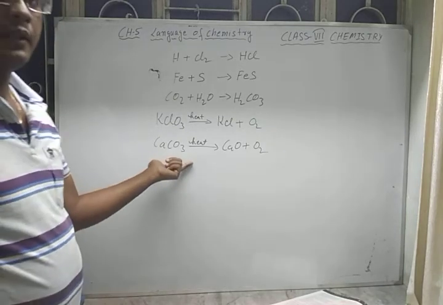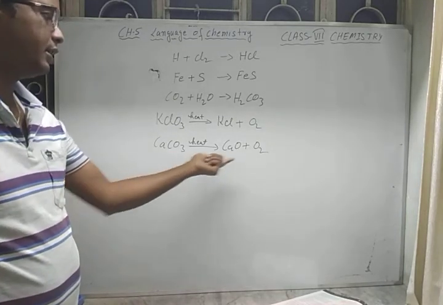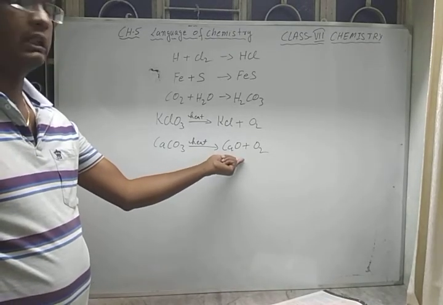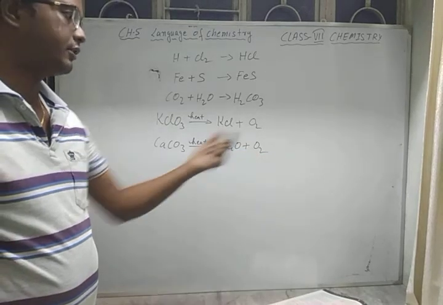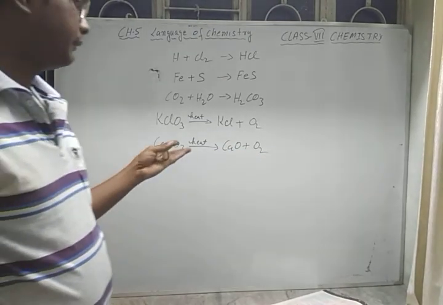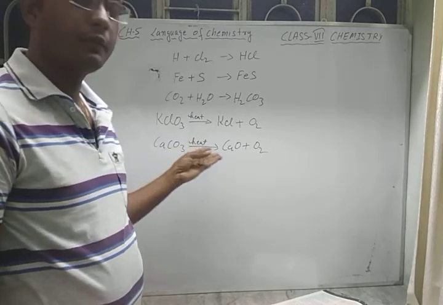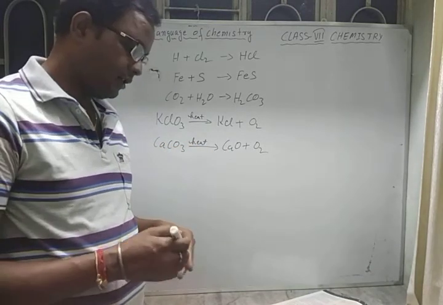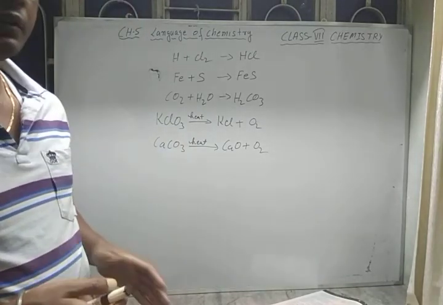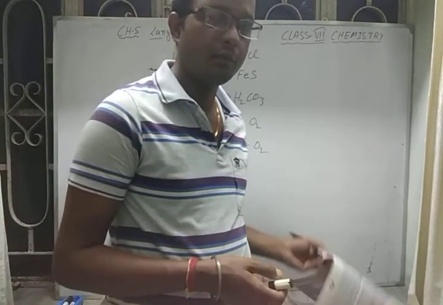You can see it is a single compound, and when heated, it gives two products, calcium oxide and carbon dioxide. So again this is an example of decomposition reaction. These are the few examples that I showed you about combination reaction and decomposition reaction.